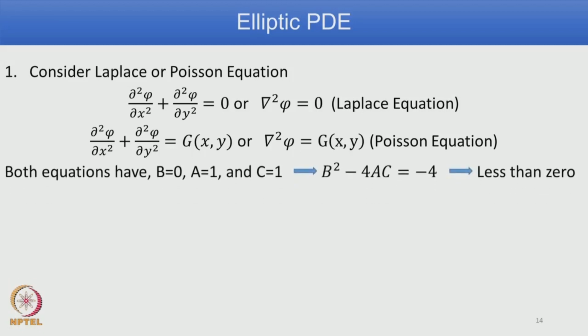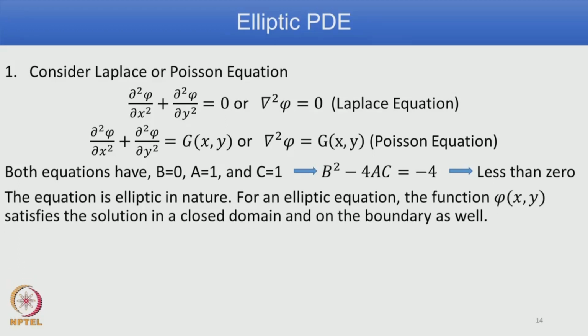Now, if you follow the discriminant procedure, taking the coefficient values, B is 0, A is 1 and C is 1. If you evaluate B squared minus 4AC, you get minus 4, which happens to be less than 0. Then you can confirm that this is an elliptic PDE.